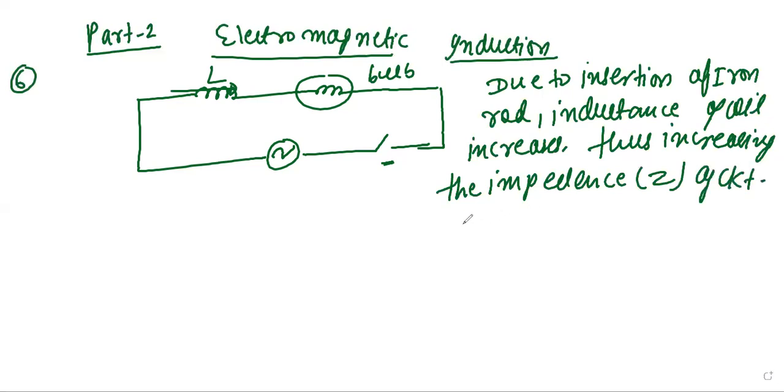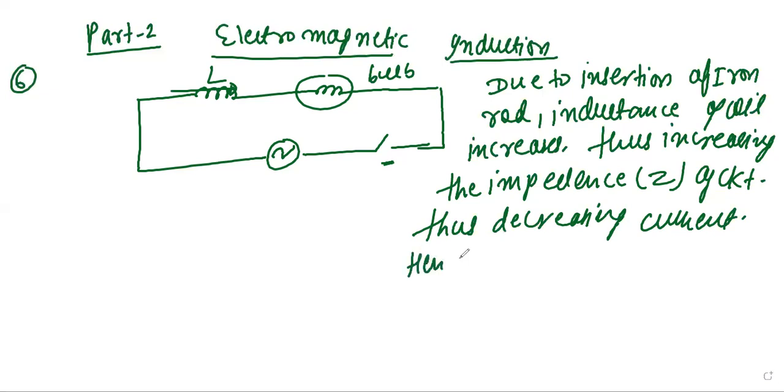Thus it decreases the current. Hence brightness decreases. Right? So what does it mean?